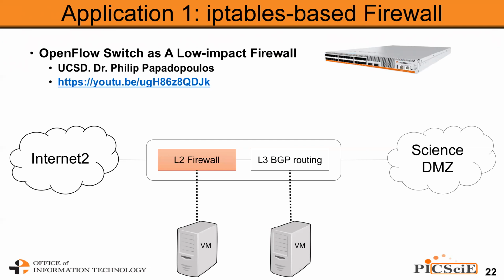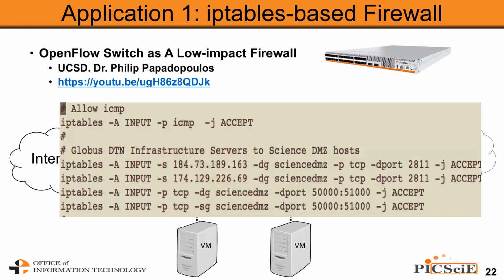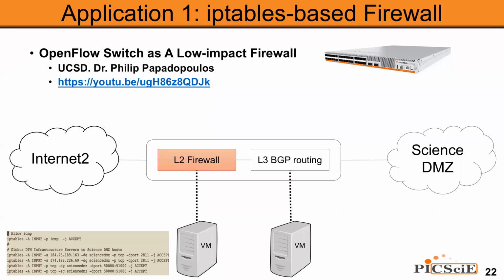And it's sometimes a hard job to translate that into access control lists for switches and routers. So what this allows you to do is write these access control lists as IP table rules and just feed it, running it as a controller. This application will push that and theoretically make an L2 firewall based on those IP table rules.